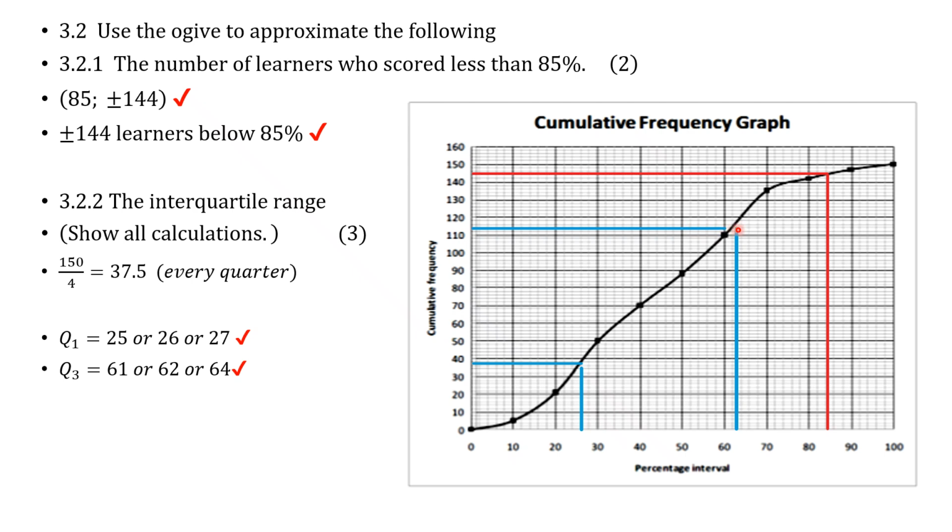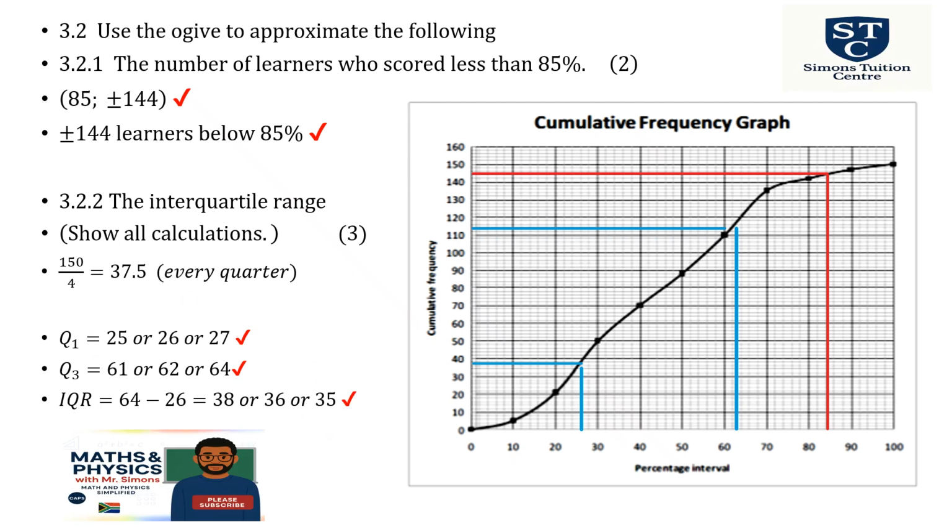If I go across, make contact and come down, see there I'm between 61, 62 or 64, if you draw it to scale. So there's my 2 quartiles. Now they want interquartile range, so quartile 3 minus quartile 1, which then gives me 64 minus 26, gives me 38, or I can get 36 or 35 as an answer.